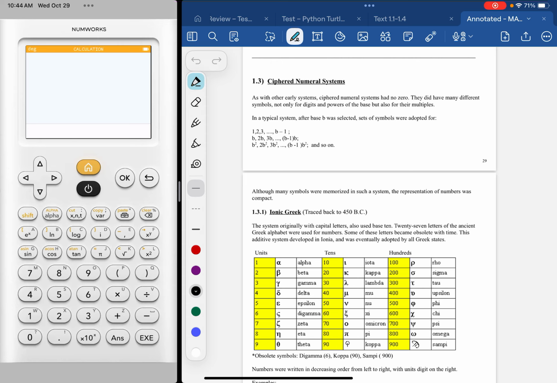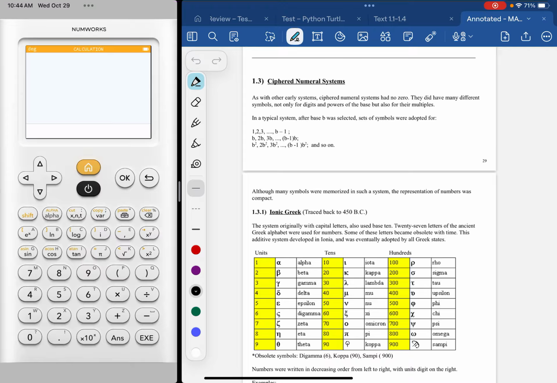But we could also do it for powers. So whatever that value is, it could be a perfect square, it could be a perfect cube, and so on. Right? So those symbols are adopted in some way. And when we talk about a cipher, we're talking about just a general replacement.